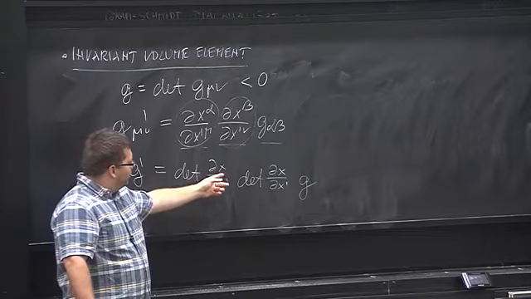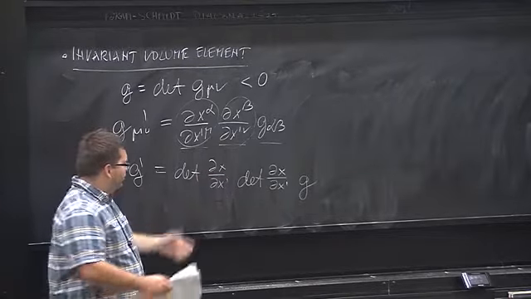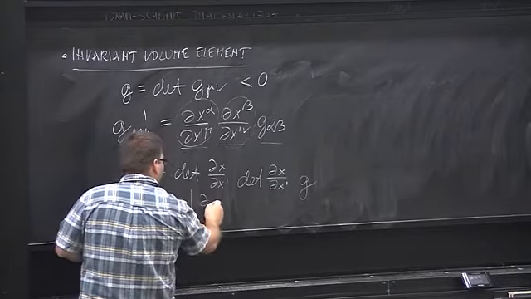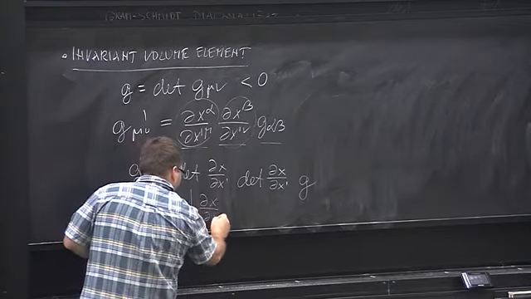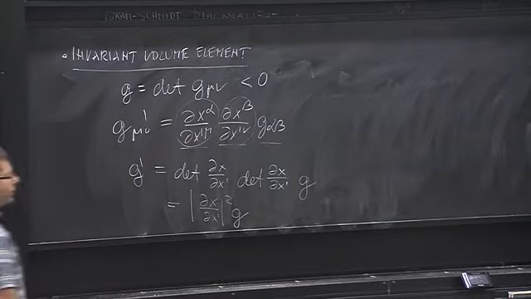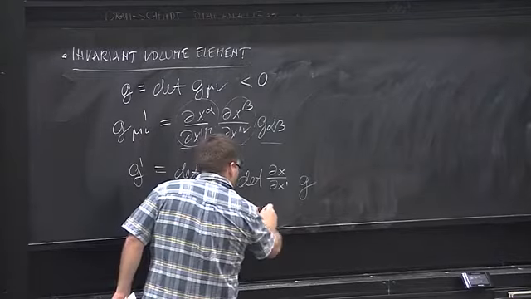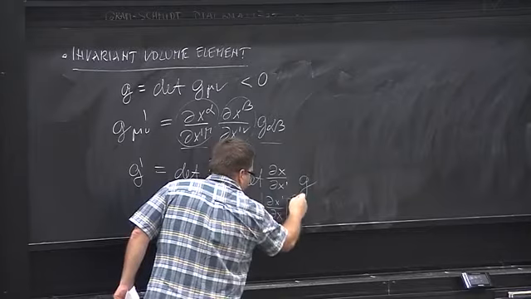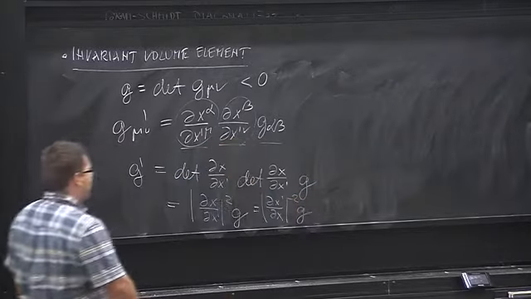However, this is just a Jacobian, so you can write it as dx over dx prime squared, times g, or if I want the inverse transformation, dx prime over dx to the power minus 2, times g.